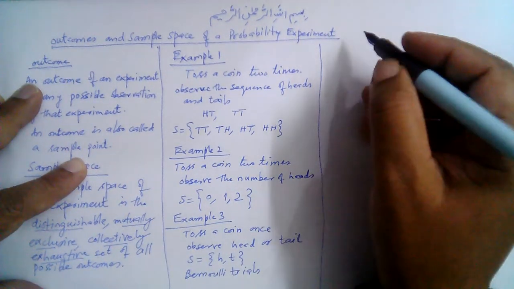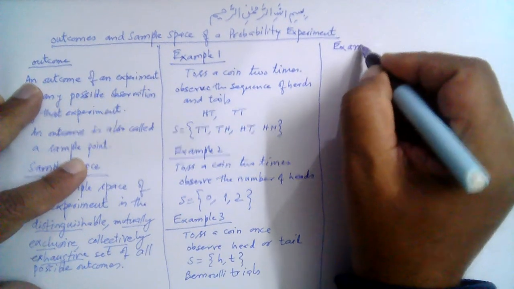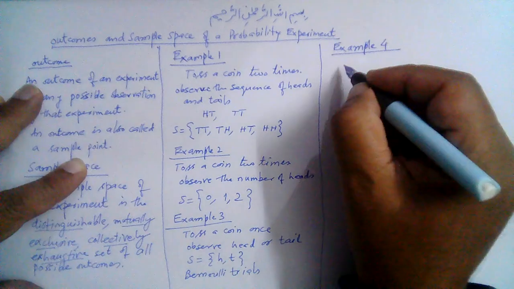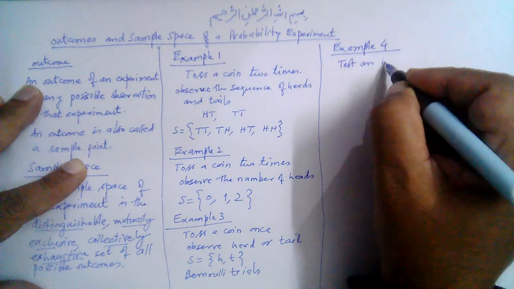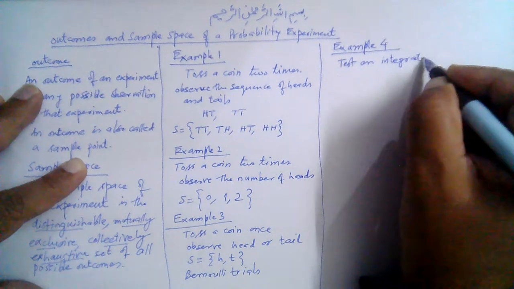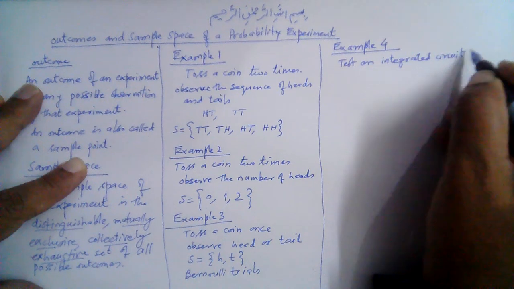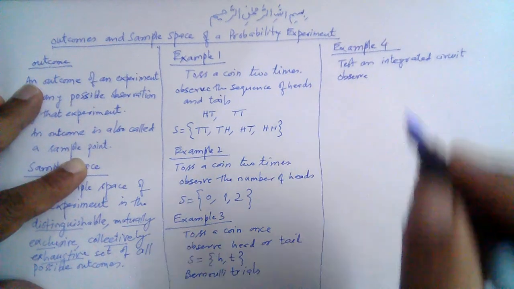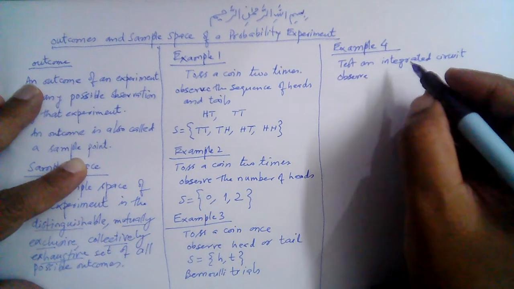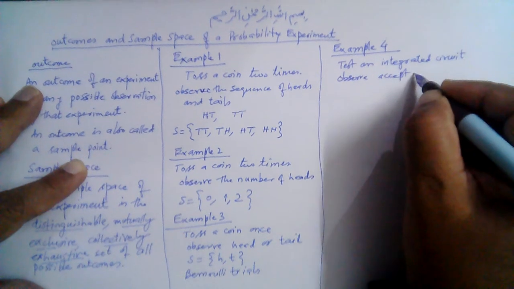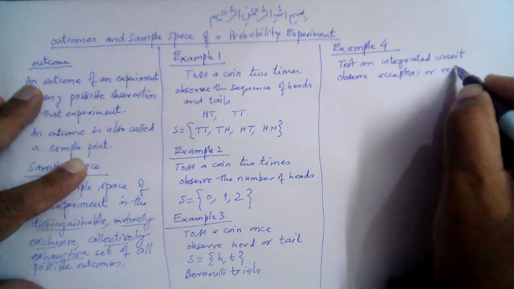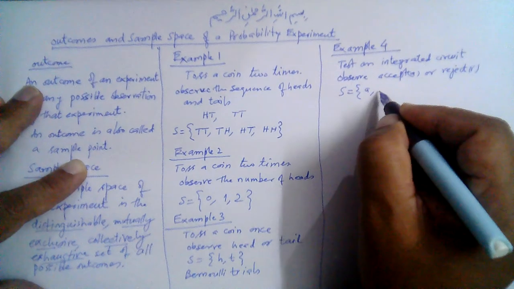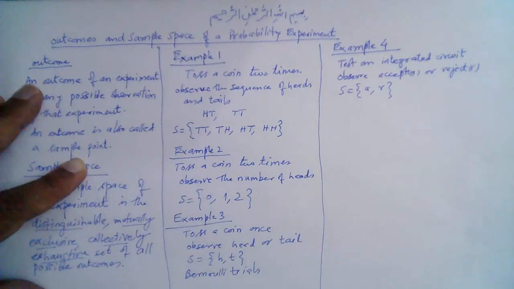So let's consider another example, which is again a Bernoulli trial. Test an integrated circuit. Observe if it is functioning or not, and based upon this, accept or reject. Accept, denoted by A, or reject, denoted by R. So the sample space is A, accept, and R, reject, right?